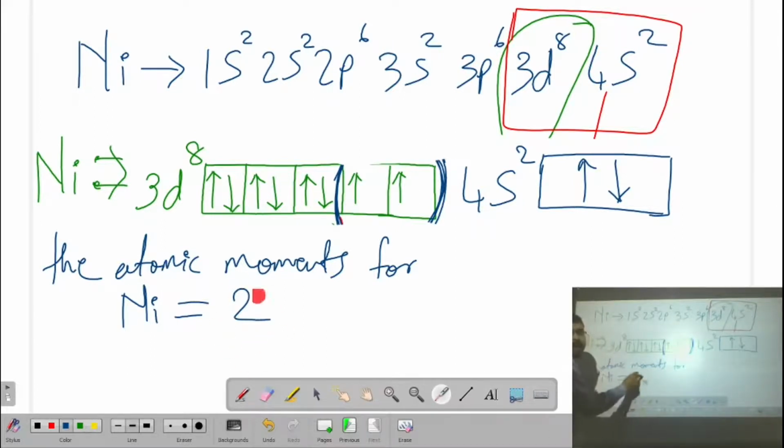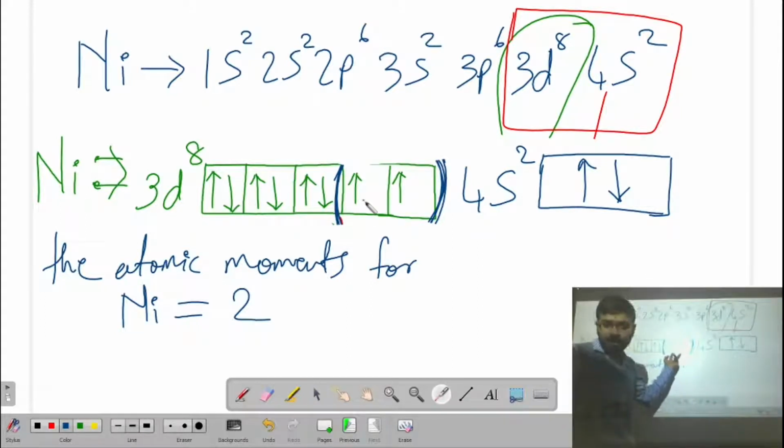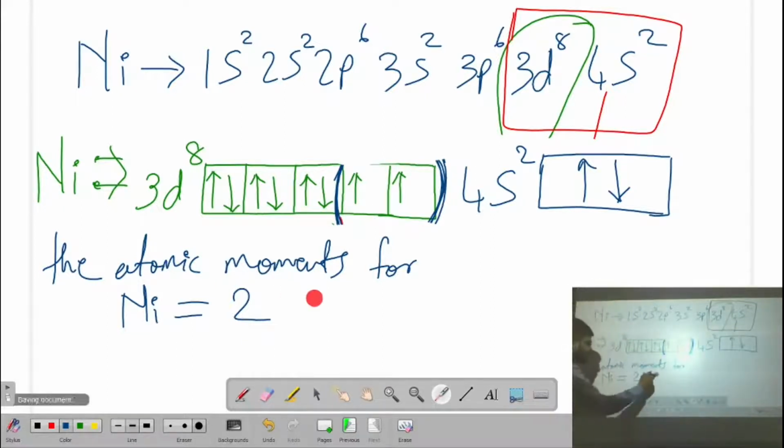One is for this electron, one is for this. We have 2 individual electrons that are unpaired with each other and residing in the 3d orbital. That gives rise to 2 parallel magnetic moments, and that is considered to be the atomic moment for Ni, that is 2. That is the integral value.